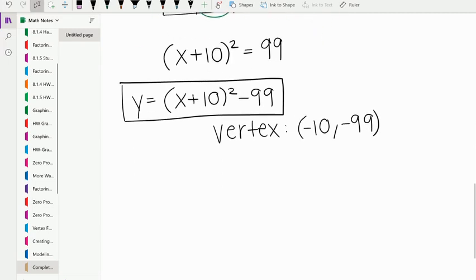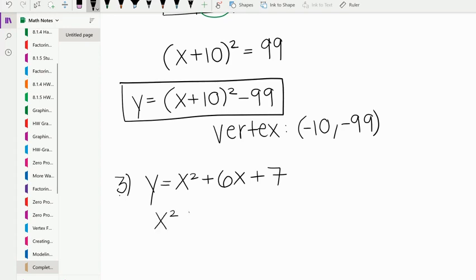All right, we're going to try one more. So for our last one, we have y equals x squared plus 6x plus 7. Okay, step 1, move that 7 over. So x squared plus 6x, and I'm going to move it over, and I get -7.